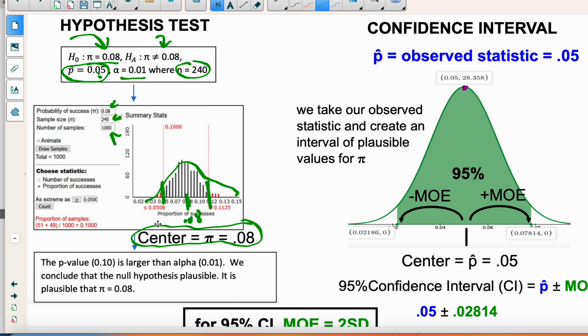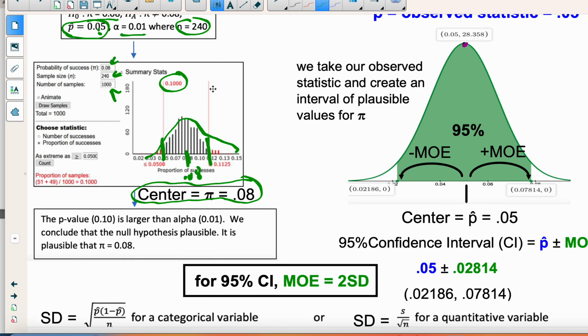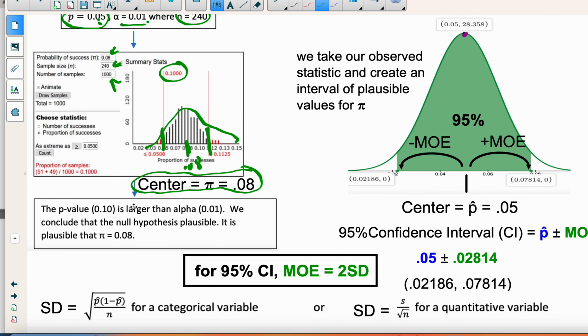So if my p hat is 0.05, we see that our p-value is 0.10. It's bigger than our alpha value, right? 0.10 is bigger than alpha. So we conclude that the null is plausible. It's believable that pi equals 0.08.